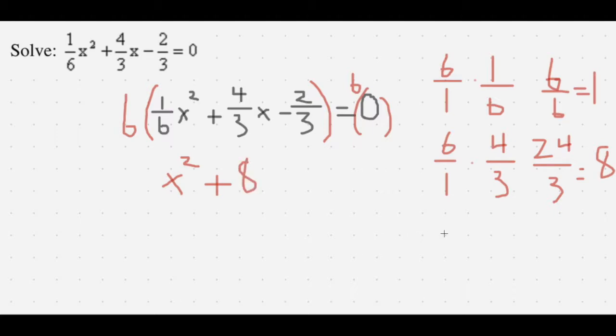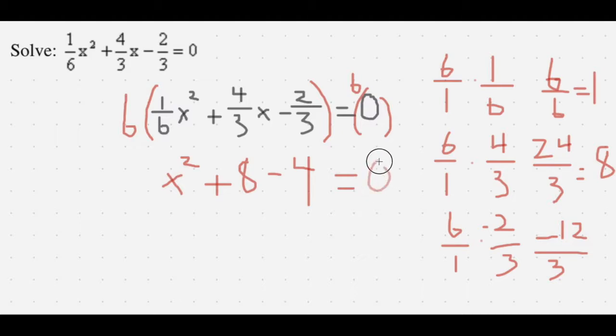And then finally, we're going to end with 6 over 1 times negative 2 over 3, and that's going to give us negative 12 over 3, which is equal to minus 4. And we can set all of this equal to 6 times 0, which is 0.